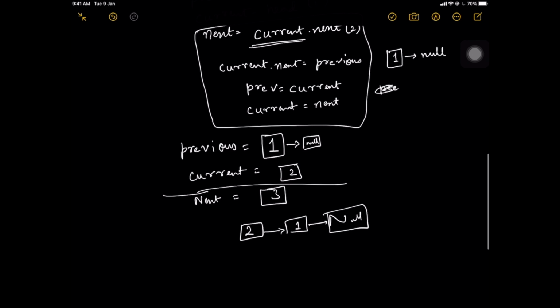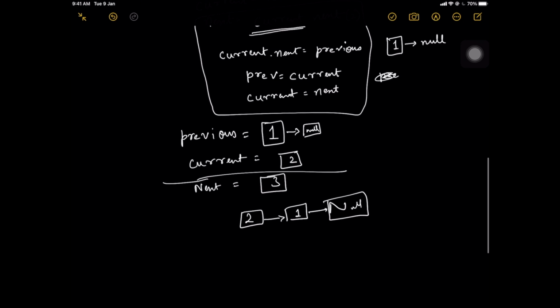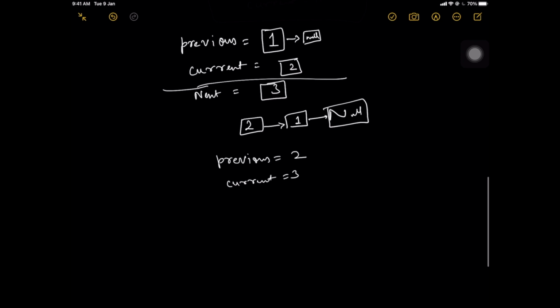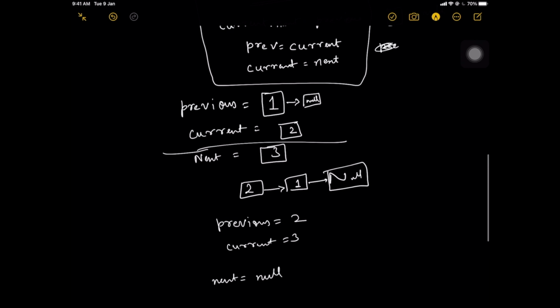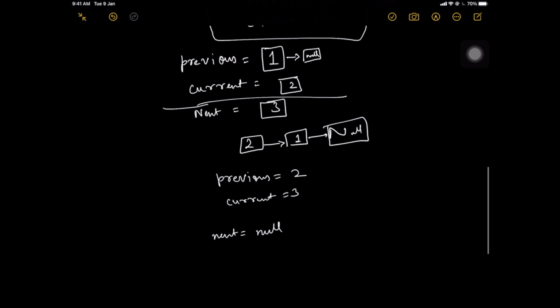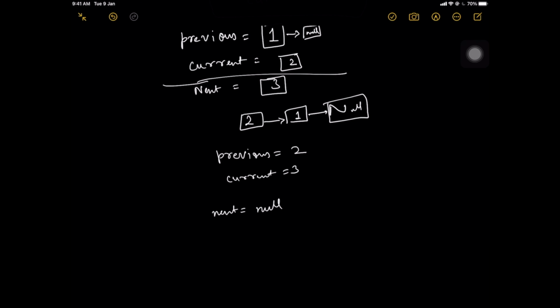And again the variables change, and we have previous as 2, current as 3, and again the iteration starts with next. In this case next will become null, right? Because if current is 3, next is obviously null in the original linked list.